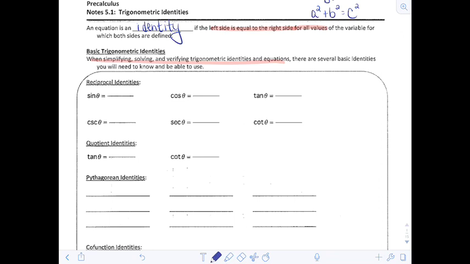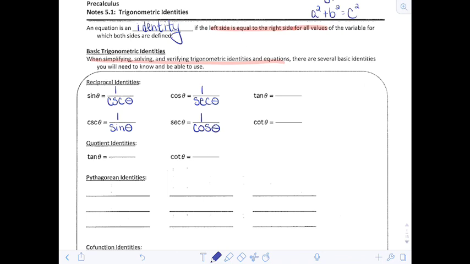The sine of theta is equal to 1 over the cosecant of theta. We know this. But then vice versa, we know the cosecant of theta is 1 over the sine of theta. We know that the cosine of theta is 1 over the secant of theta, and the secant of theta is 1 over the cosine of theta.